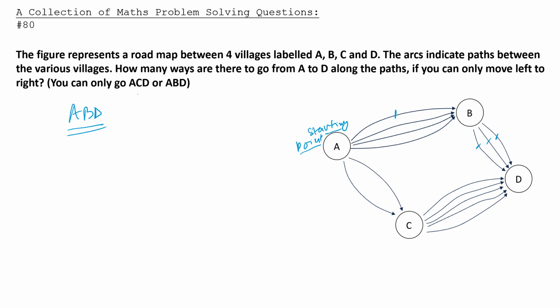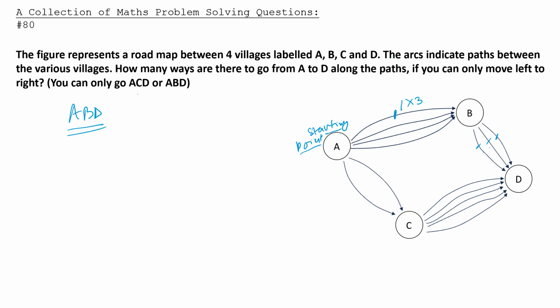So the number of ways you can go from A to B using this particular path, and then choosing these 3 paths is 1 times 3. Because there's only one way you can choose the first path, and there are 3 ways you can go from B to D from there.